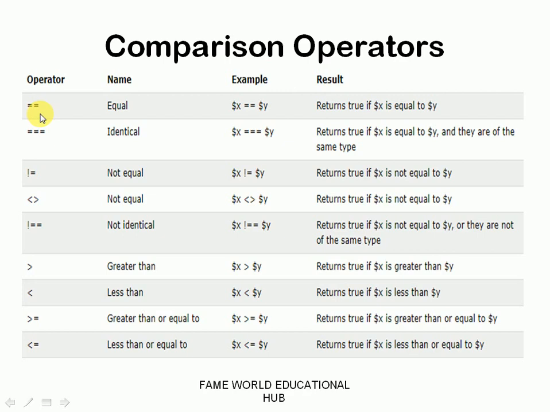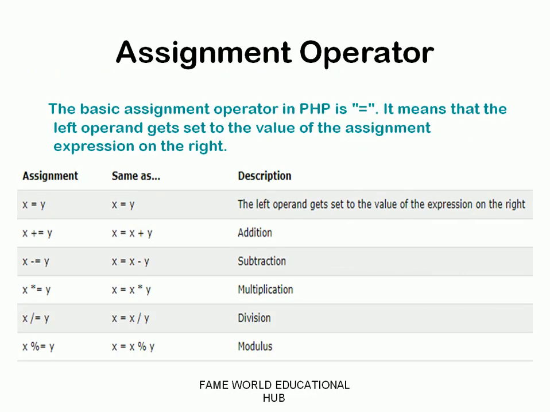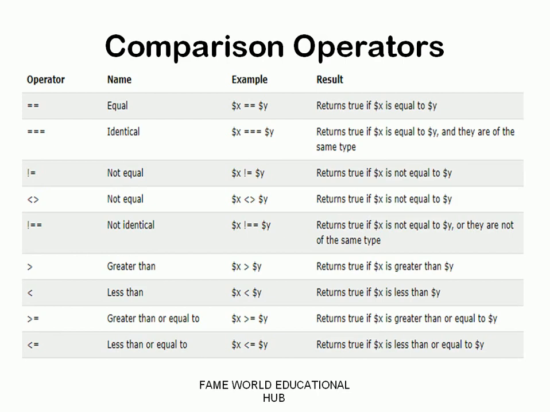Double equal to symbol. Yes, it is something new. In the previous operator, we studied the single equal to symbol, and this single equal to symbol was being used for assignment purposes. But in this particular comparison operator, the double equal to symbol is written.